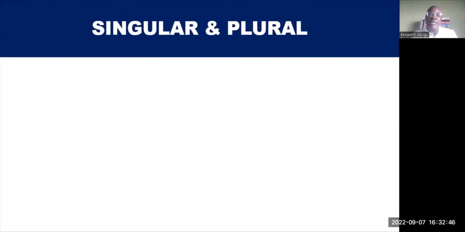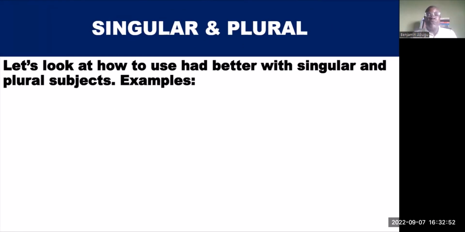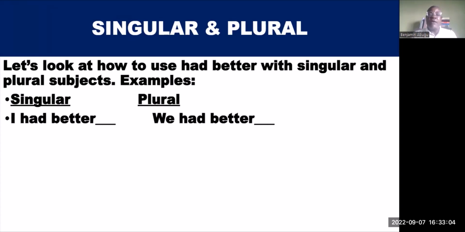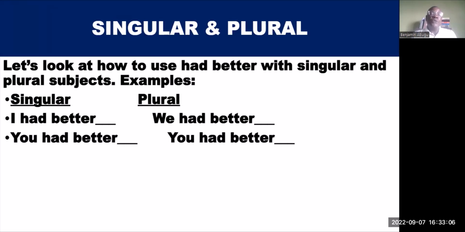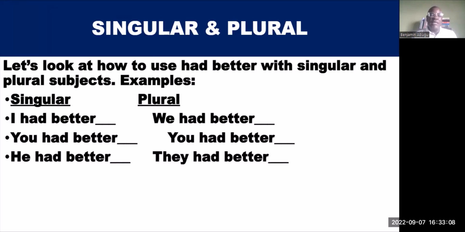So that's usually the structure. Then it is also usual to use had better either with a singular or plural subject. For example, we have singular and we have plural. I had better, we had better, you had better, okay?